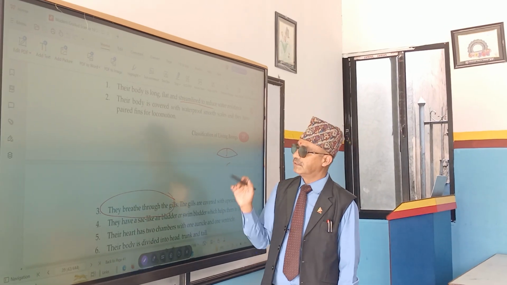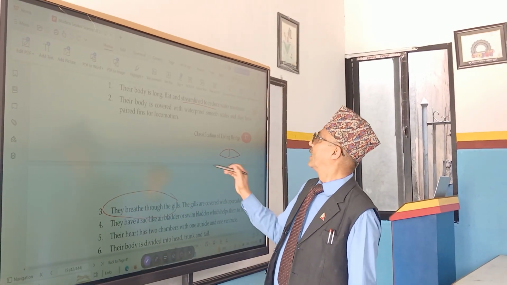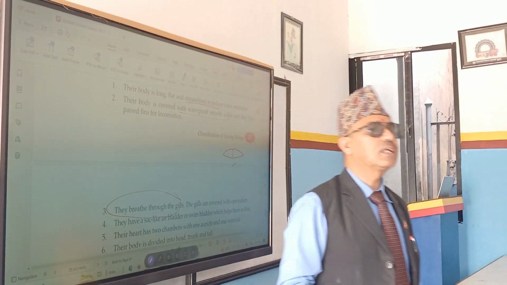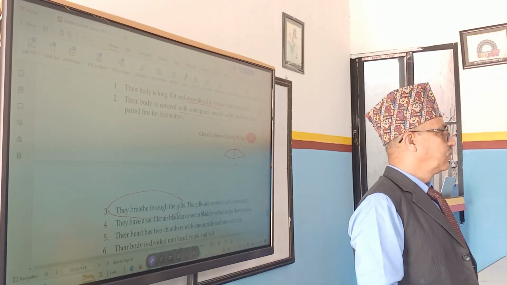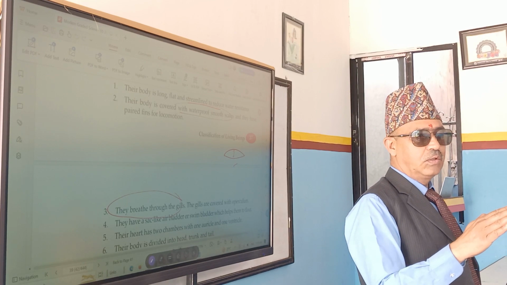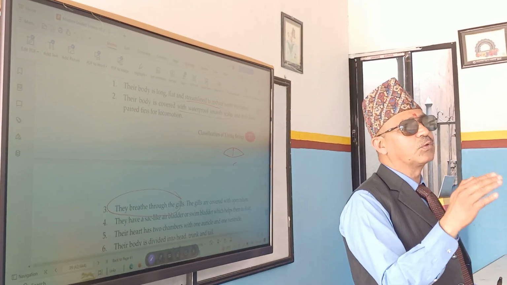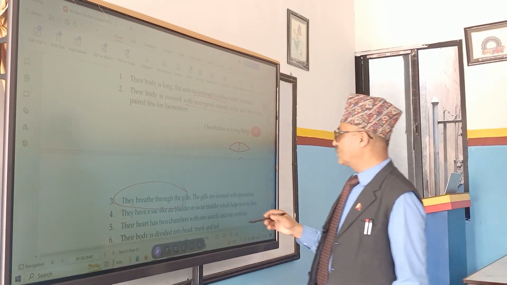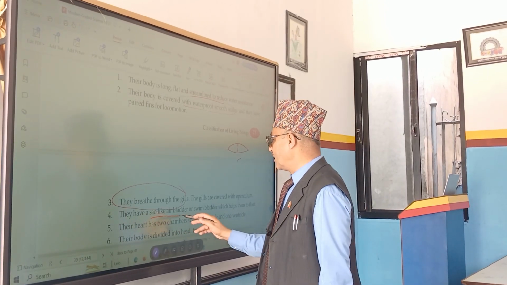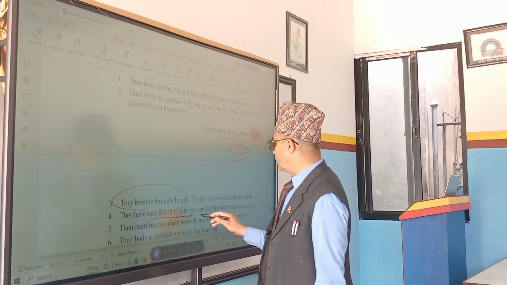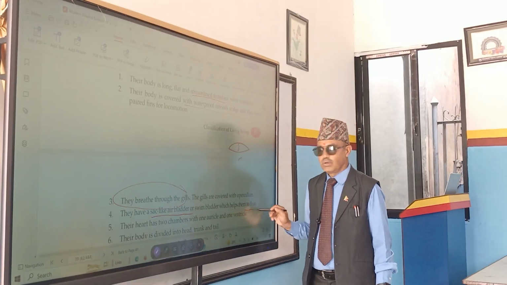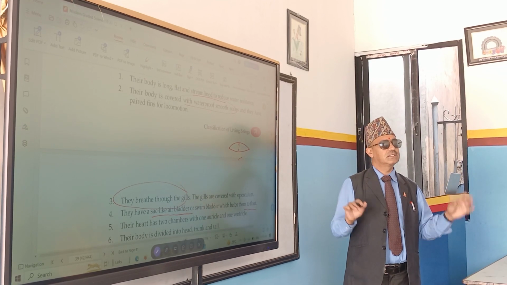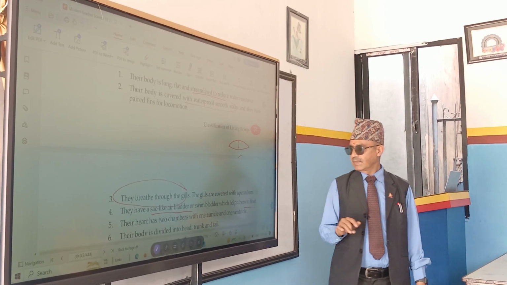Streamlined body, breathe through gills, and body is covered with waterproof scales. The scales do not allow the water to enter inside, isn't it? And next one, they have a sac-like air bladder which helps them to float. If you remember these four characteristics, isn't it?